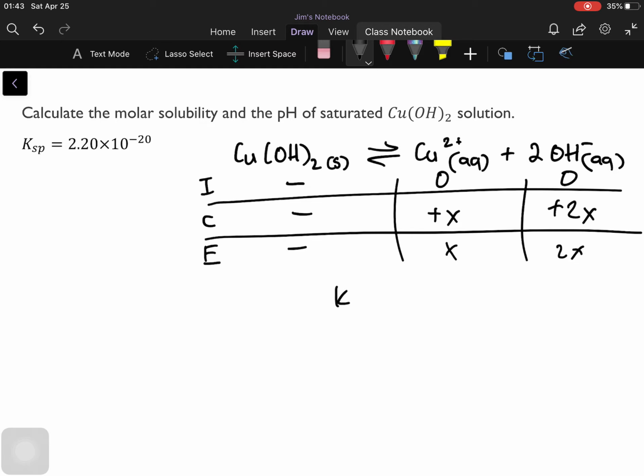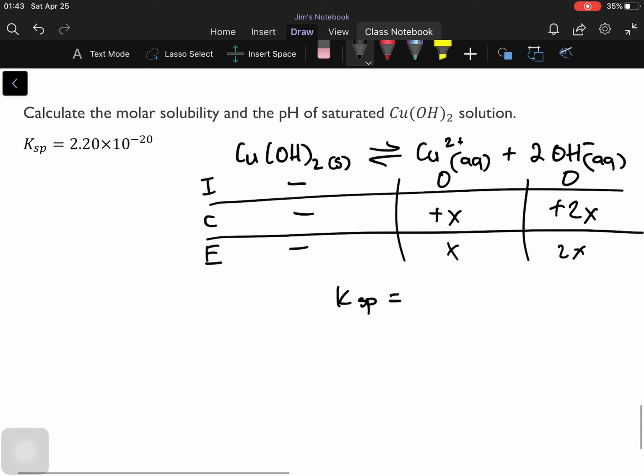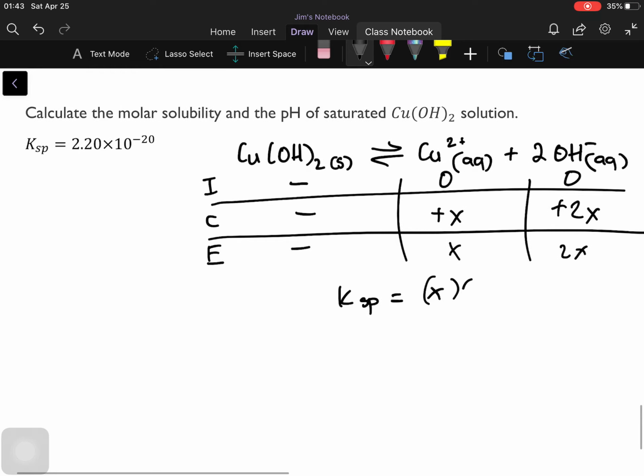So Ksp, or the equilibrium constant for sparingly soluble substances, is equal to x times 2x raised to 2. Okay, so how are we able to get that?